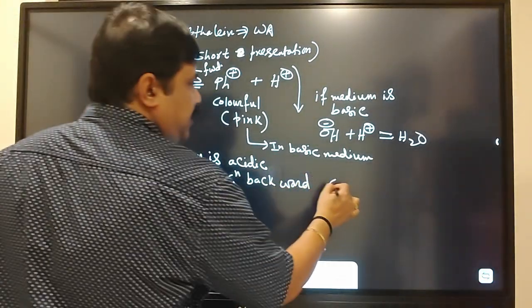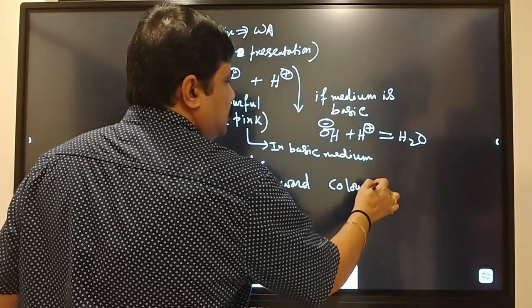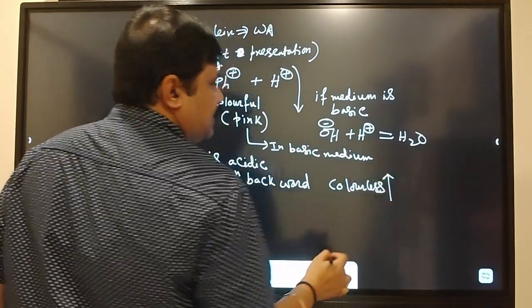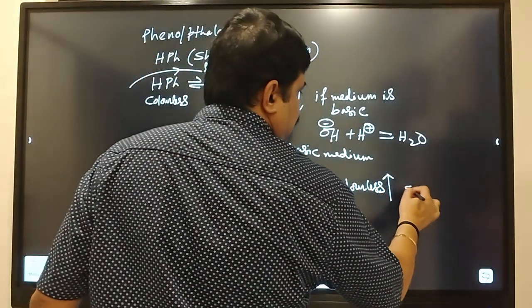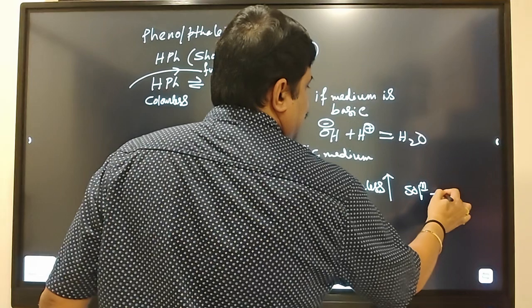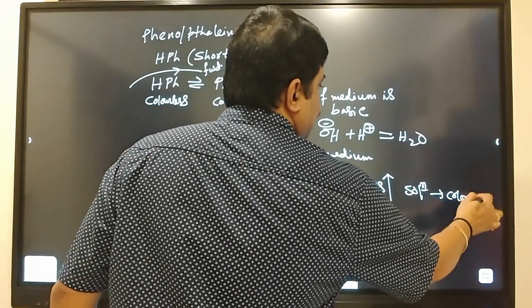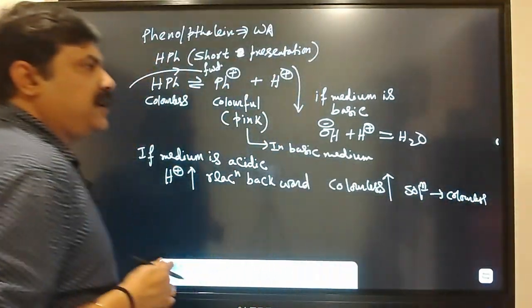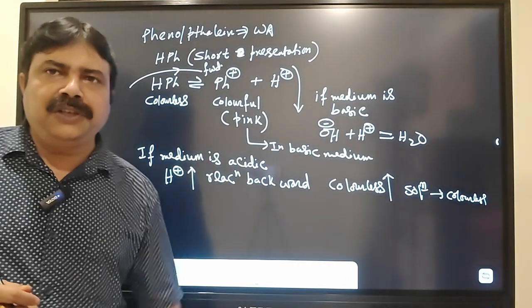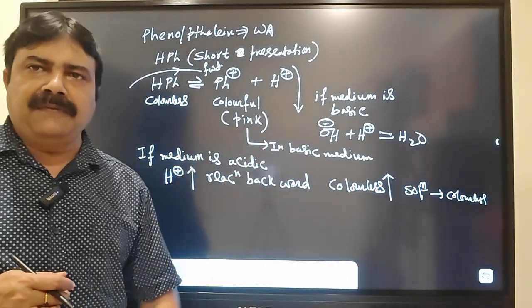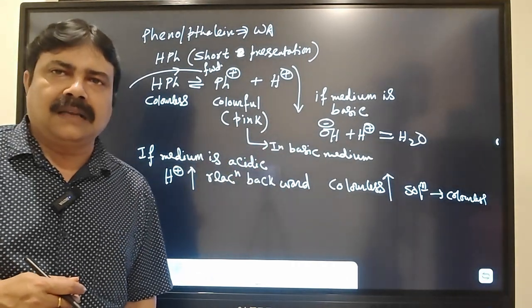Whenever the reaction goes in the backward direction, the colorless form will be dominant. The colorless form will increase. That's why then the solution will be colorless. That's why in acidic medium phenolphthalein will be colorless, and in basic medium phenolphthalein will show the pink color.